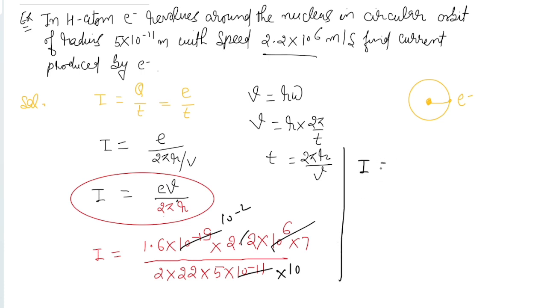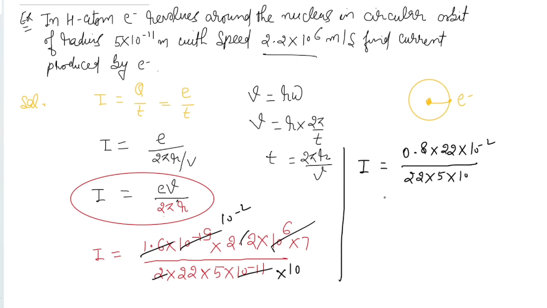So this will be I is equal to 2 divided by 1.6, so we get 0.8 into 22 multiplied by 10 to the power -2, divided by 22 into 5 into 10.